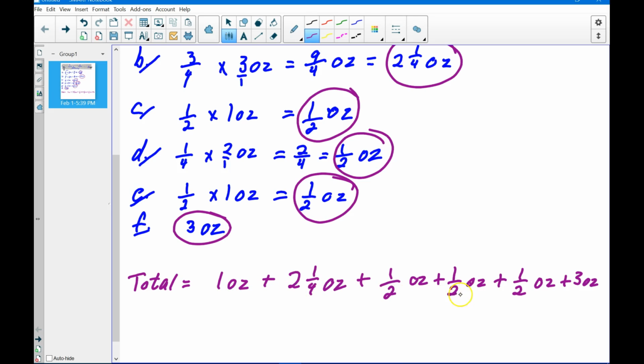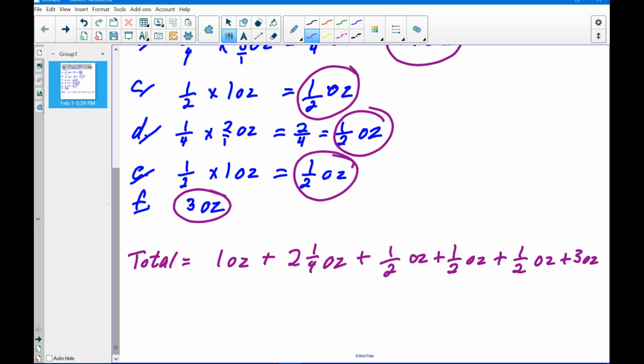A, B, C, D, E, F. So we got them all in there. Make sure. Now we just add them all together.